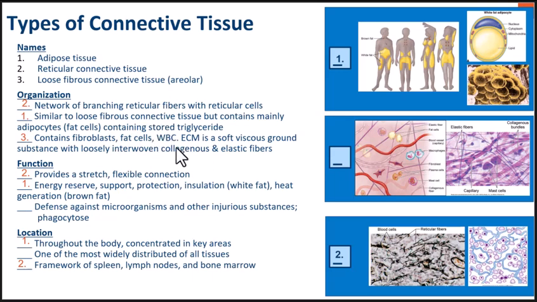And it contains white blood cells. And we'll see why that's beneficial in a moment. But the extracellular matrix is going to consist of these loosely woven fibers, both collagen and elastin fibers, in this soft jelly-like substance.